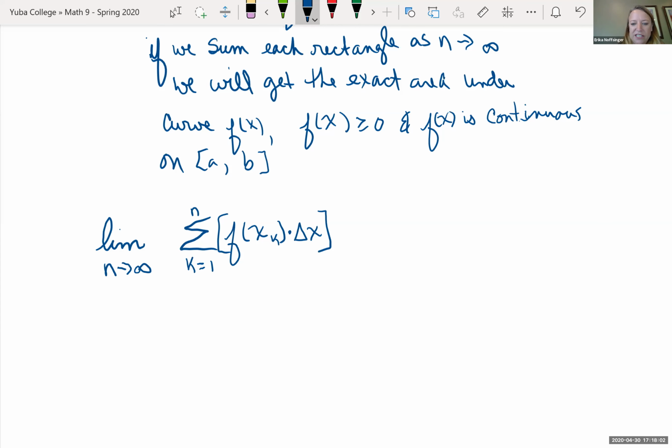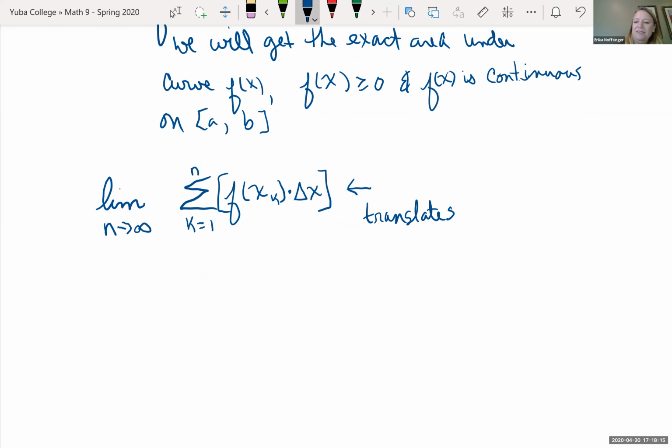This actually translates into what we were doing before with the integrals. So this summation, we're integrating, we're summing basically, and that's maybe why that integral looks like that.